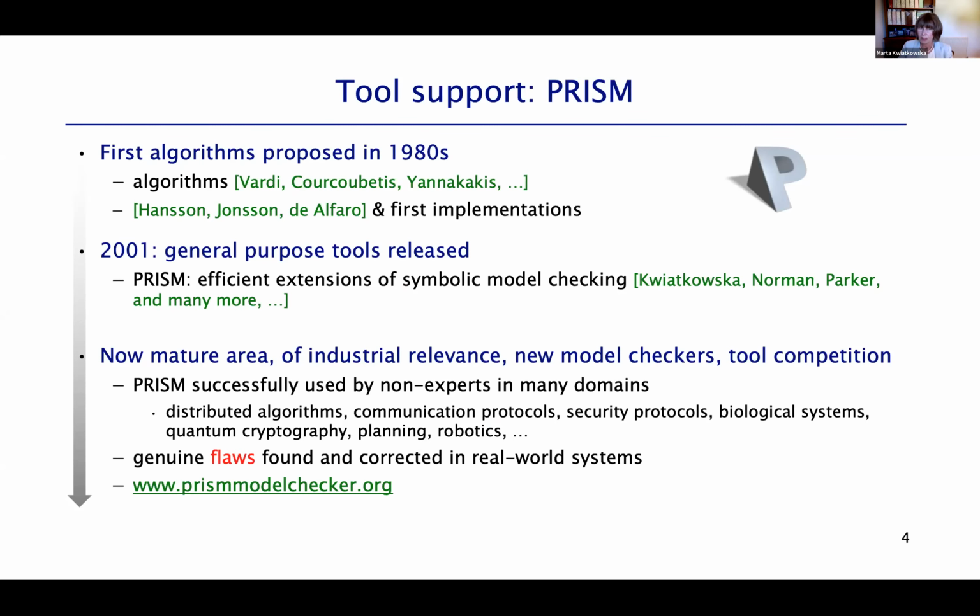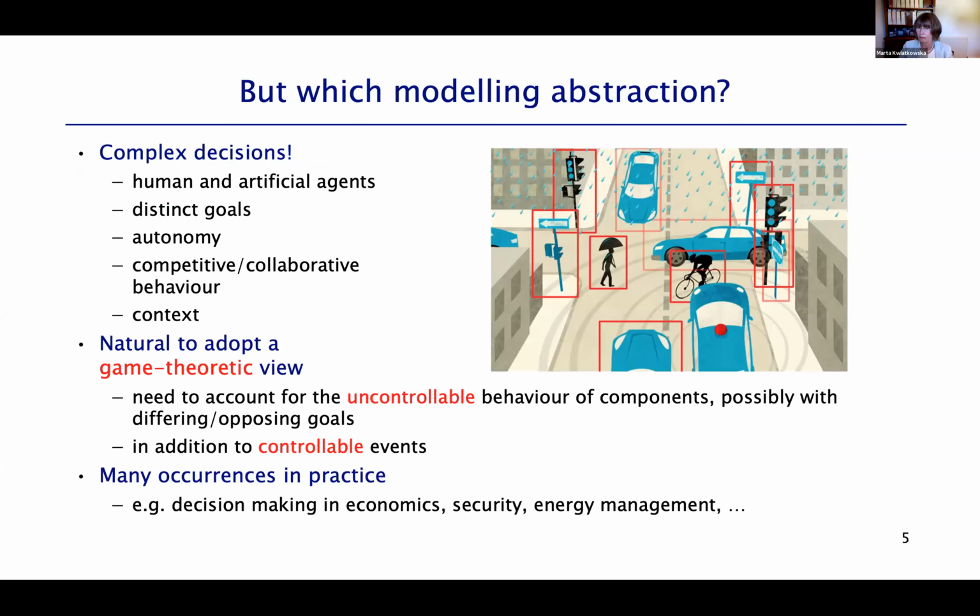But the question I'm asking now, for the scenario that I showed you right at the beginning, is what is the correct modeling abstraction? So far, we have worked with models such as Markov chains and also with models with decisions, for example, Markov decision processes. That's all supported by PRISM.